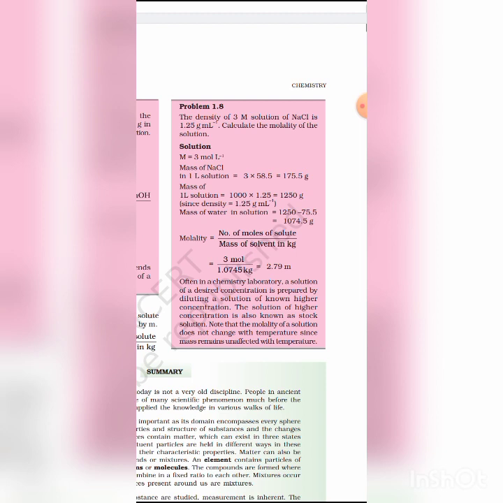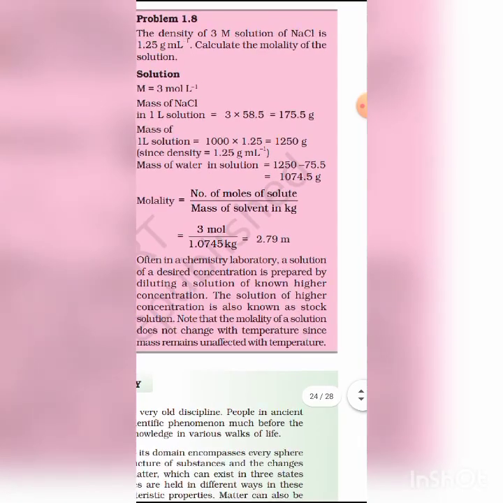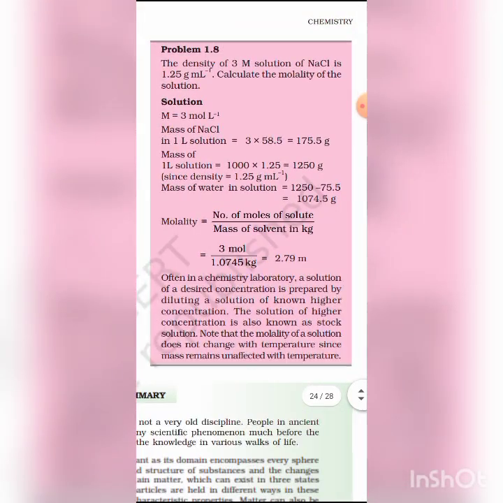Okay, now mass of water in solution, 1250 minus 175.5, that is 1074.5 gram. Okay, now molality equal to, we know that number of moles of solute by mass of solvent in kg.